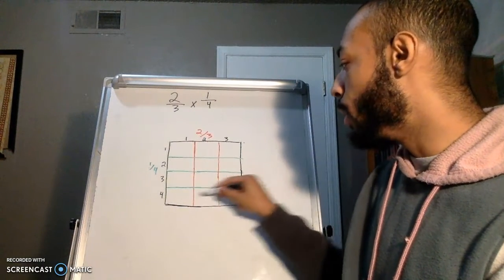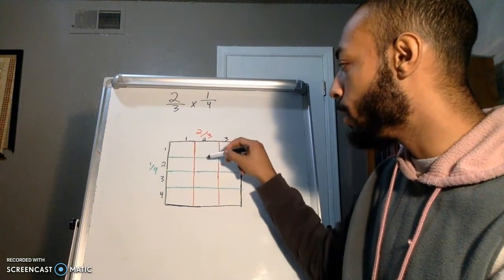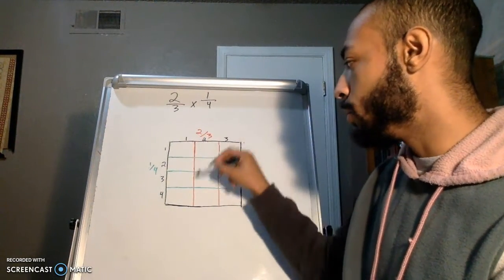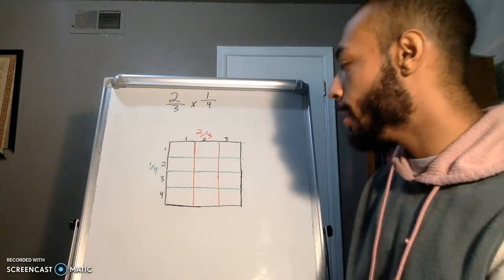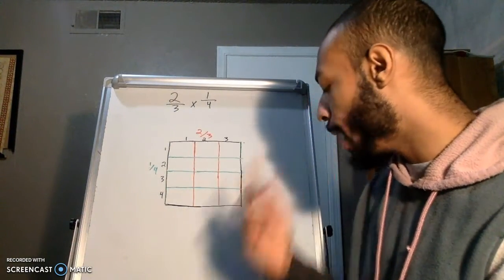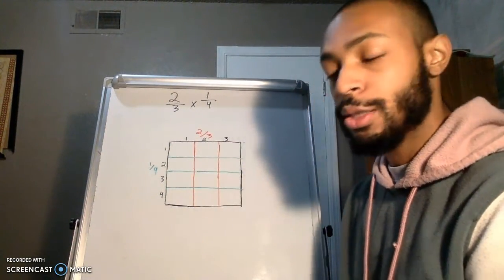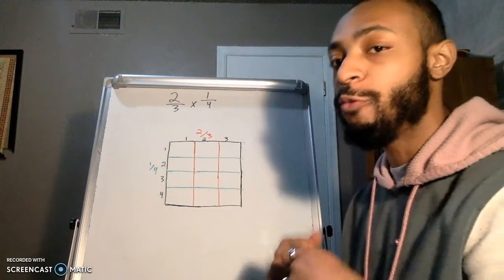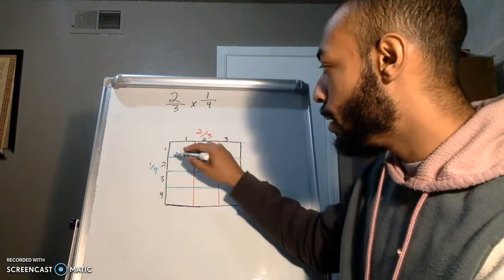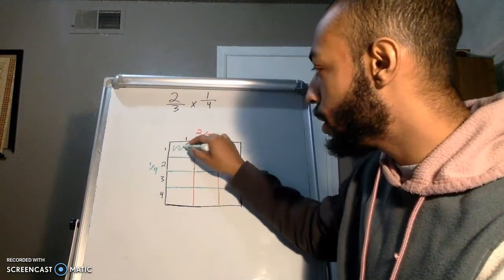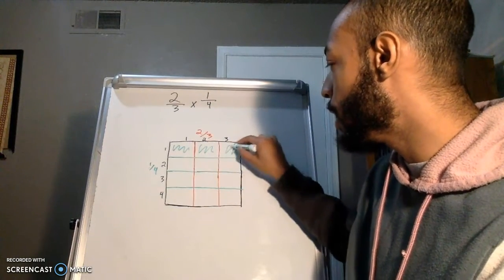So I have 1 column, 2 columns, 3 columns, 4 columns. 1, 2, 3, 4. And in order to give me 1/4, I can shade in 1/4 of that. So I have 4 equal parts, and I can shade in a 4th.